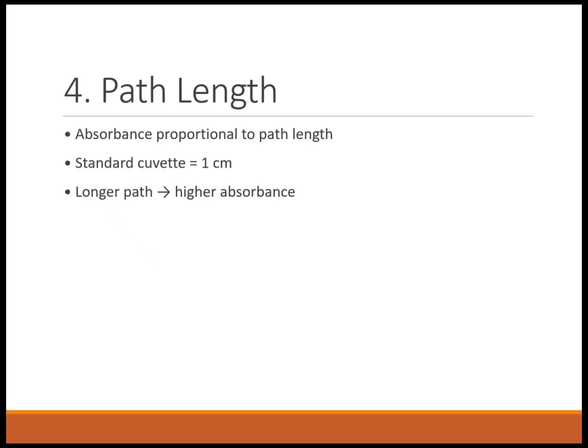Now we will discuss the path length. Path length affects absorbance directly because absorbance is equal to epsilon times concentration times path length. Most cuvettes are 1 centimeter, but special cuvettes of 0.1 centimeter or 2 centimeters are used for very concentrated or very dilute samples.